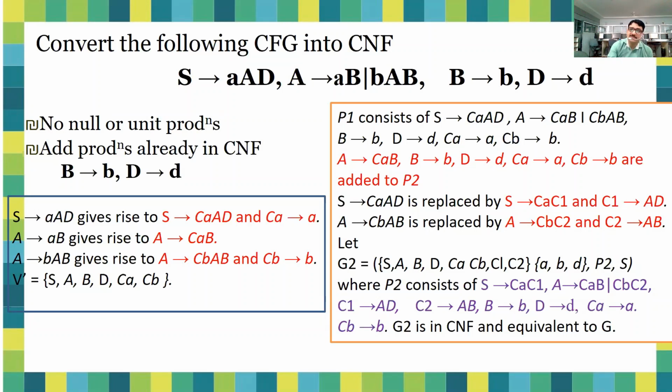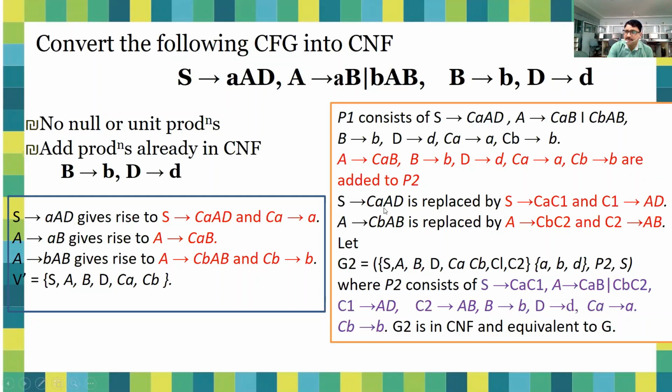Another one is A to CBAB. This is again a production rule that is not in Chomsky normal form. Similar to the previous one, we will convert it into Chomsky normal form. In place of AB, we can replace it by another variable, C2.